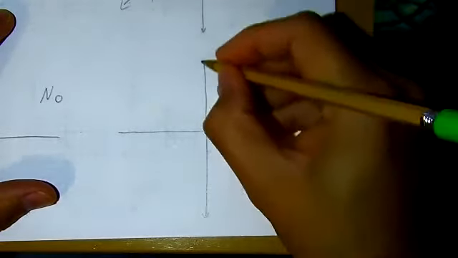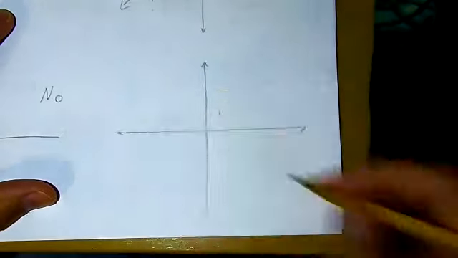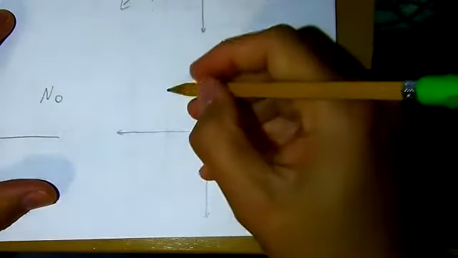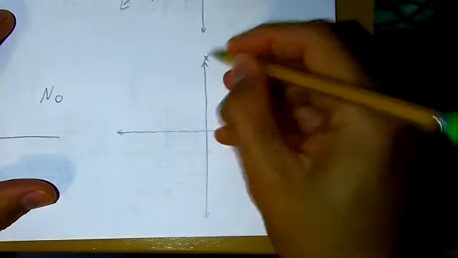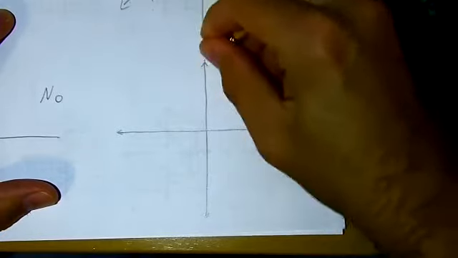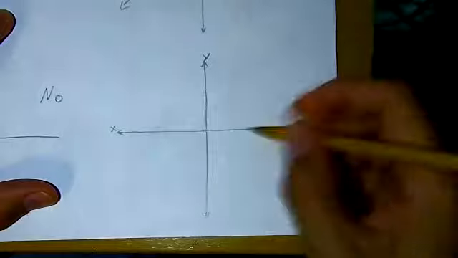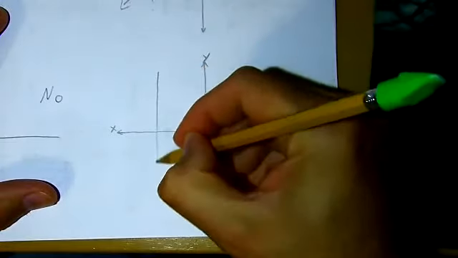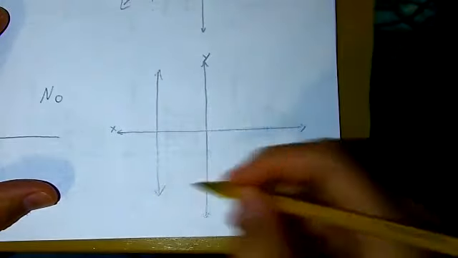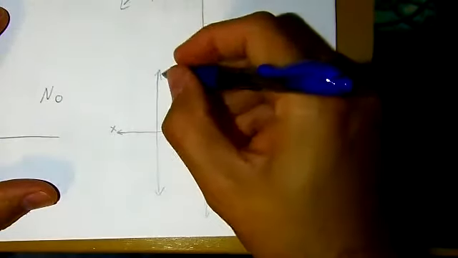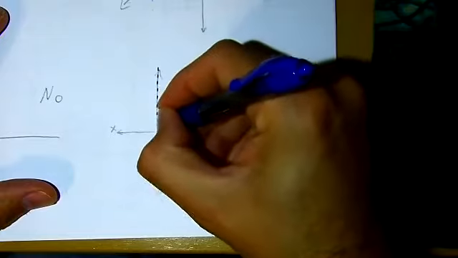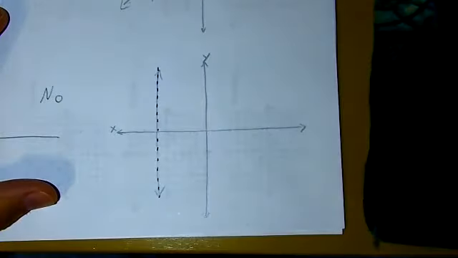This is the one linear equation that is not a function. And that's supposed to be a vertical line. If it's a vertical line and you do a vertical line test on it, what's going to happen?